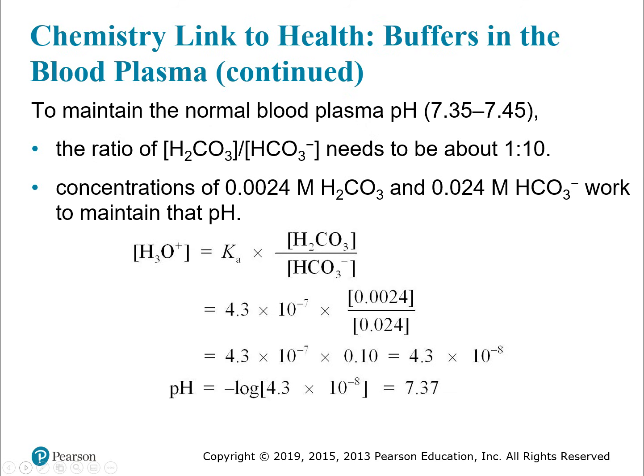If you use these concentrations of weak acid and conjugate base, when you do the math, like we've been doing, where you rearrange your Ka equation to solve for the hydronium concentration, and then use that to calculate pH, you get a pH of 7.37, which is about 7.4.